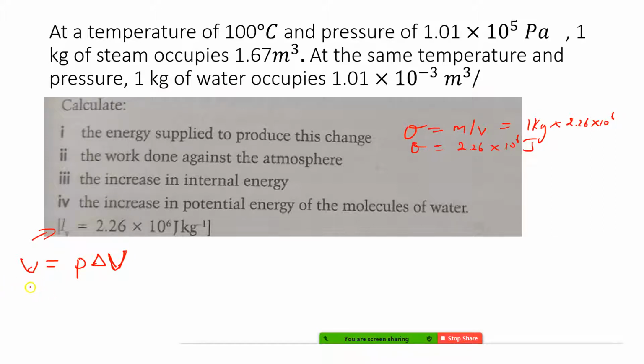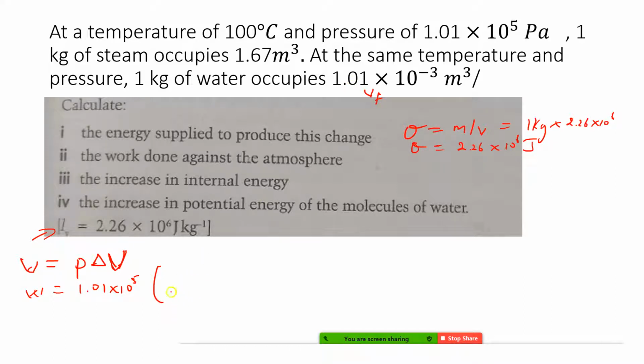So let's look at it now. Work is equal to the pressure, which is 1.01 times 10 to the 5, times the difference between the pressure. Now, mind you, this is my final pressure. My bad, my final volume, rather. Change in volume, I should say. So let me say that again. The work is equal to the pressure, which we know is 1.01 times 10 to the 5, times the change in the volume.